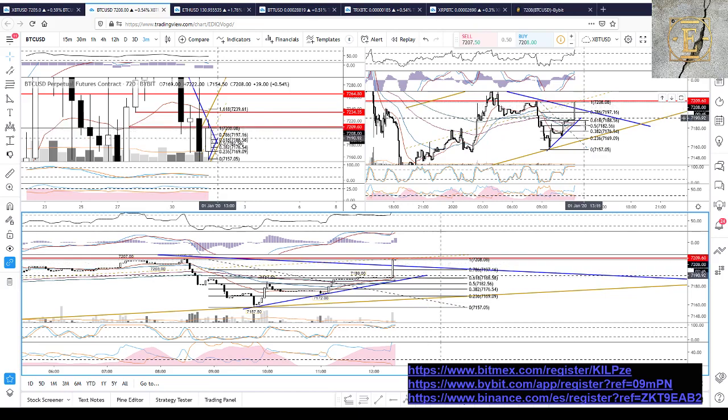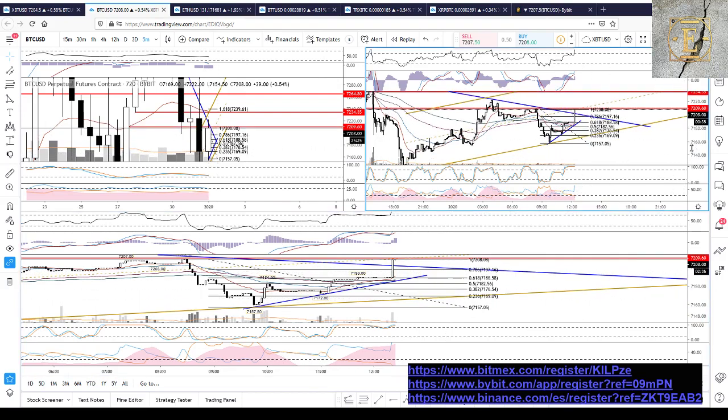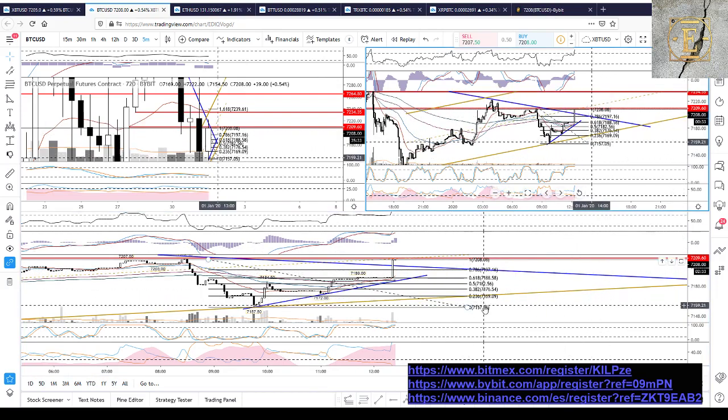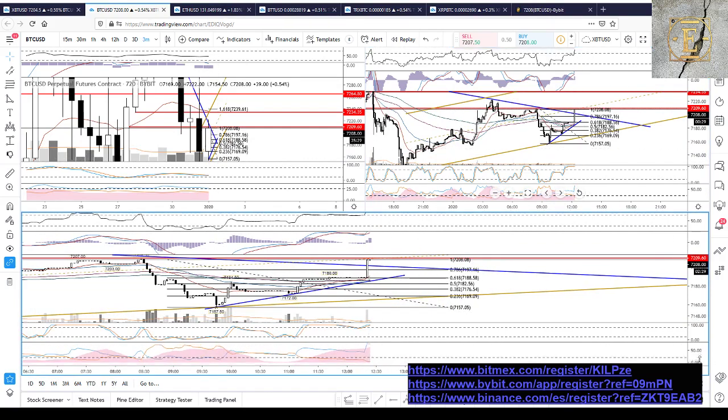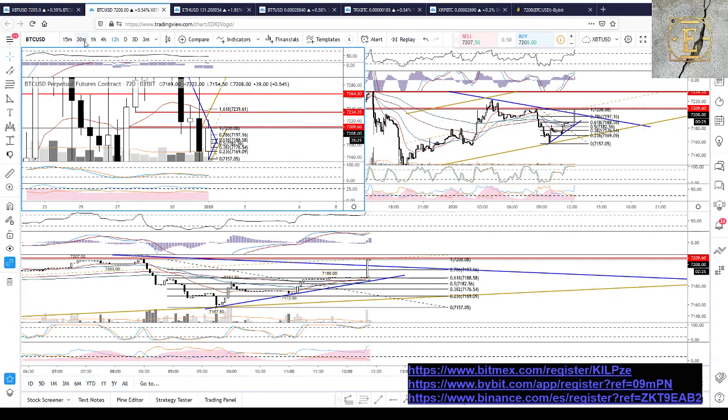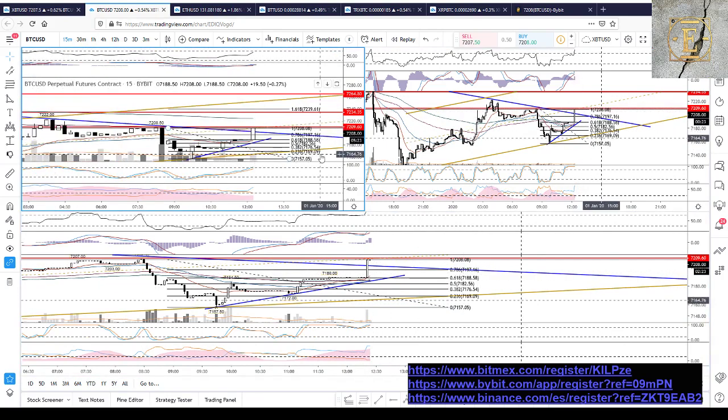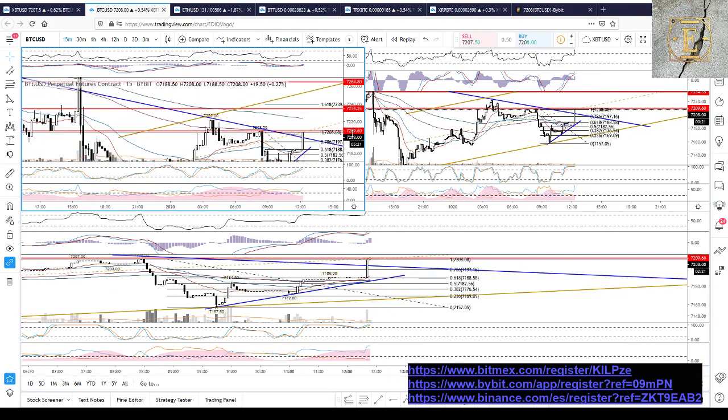I couldn't put my entry here, but I don't want to cut tops. So when I put resistance, it's more a reference than an entry point. Let's see how is the behavior of the bulls and bears. Now we got the 30 minutes overextended, even 15 minutes. 15 minutes, 5 minutes low is breaking.